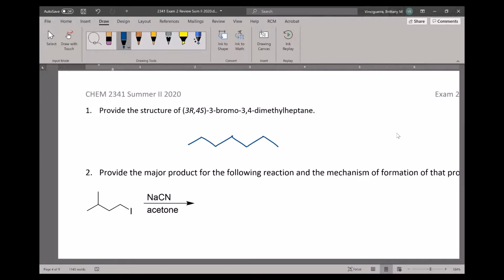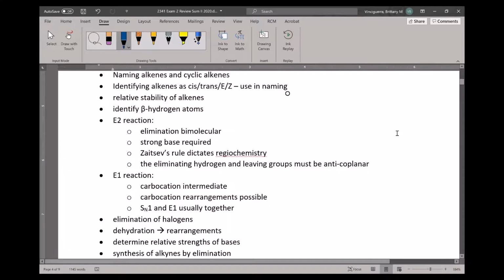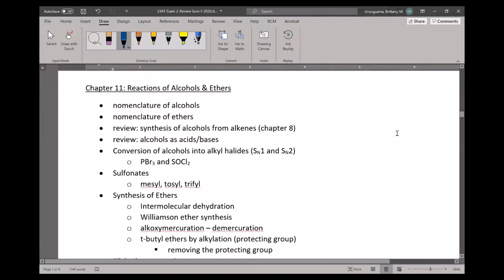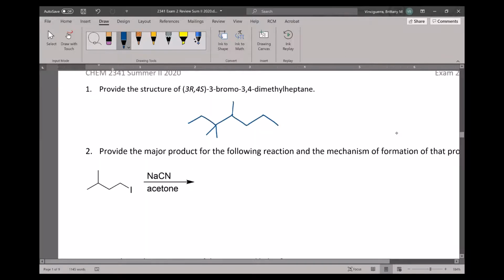Sorry, I'll be more attentive. Then 3-bromo, 3,4-dimethyl. So carbon 3 and carbon 4 are going to have methyl groups. Carbon 3 is also going to have a bromine.